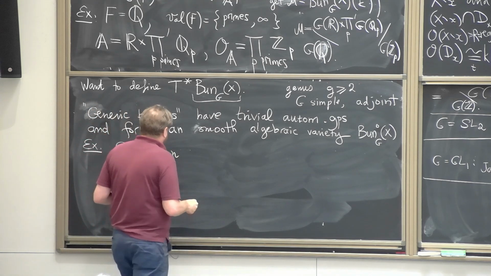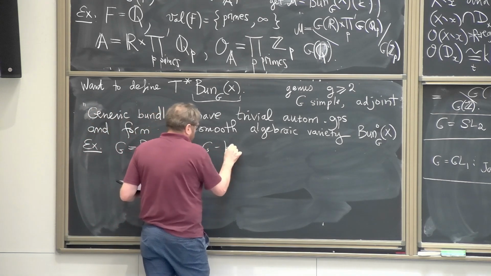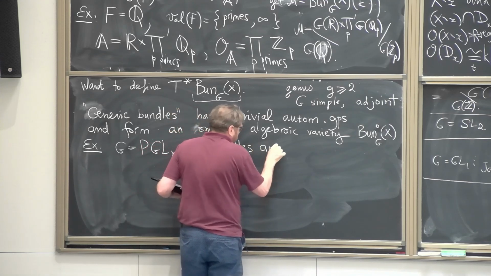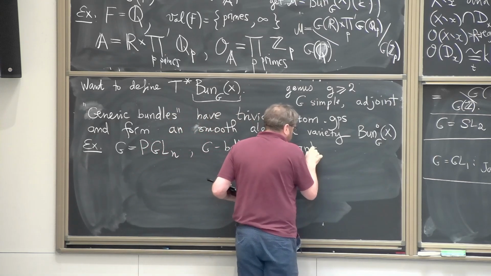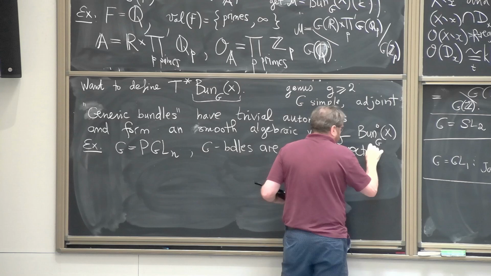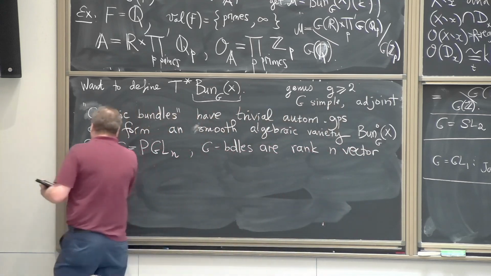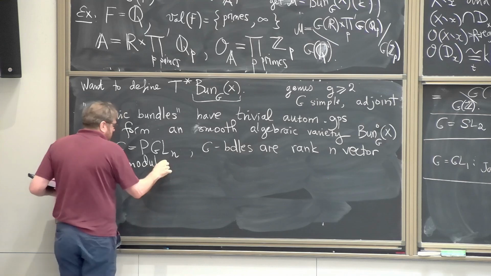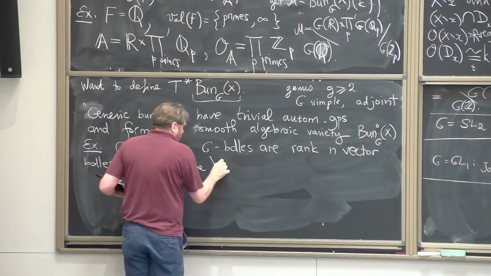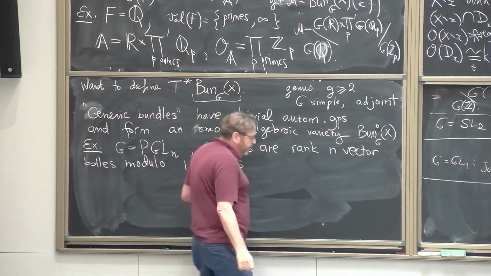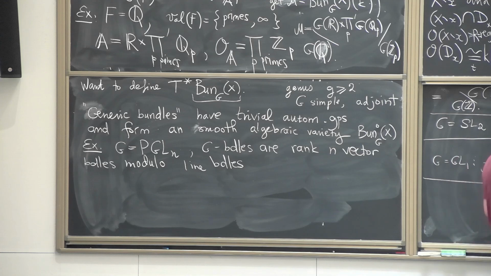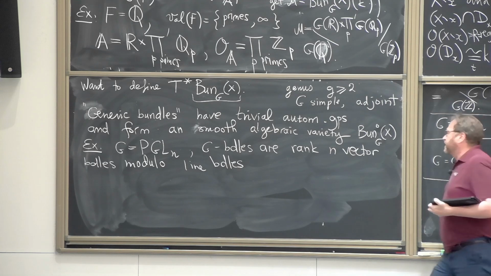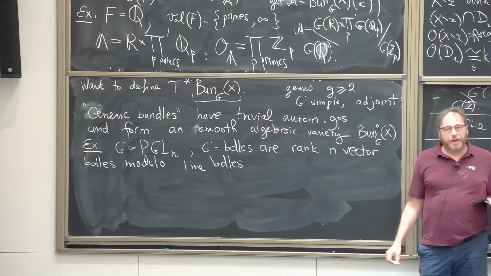So this means that G-bundles are just rank n vector bundles modulo tensoring with line bundles. And for defining stable, it's not going to matter modulo line bundles, because stability doesn't change when you tensor your bundle with a line bundle.